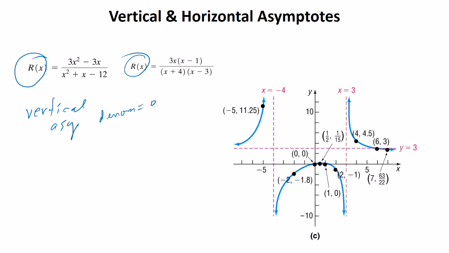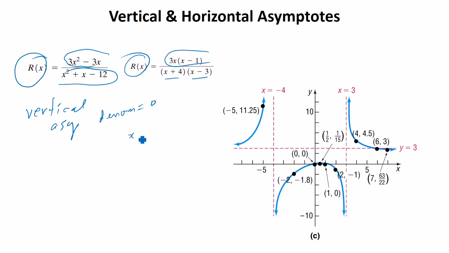In this case, we're going to factor the numerator and get 3x times x minus 1, and factor the denominator and get x plus 4 times x minus 3. Notice that none of the terms are canceled, so we have two vertical asymptotes.